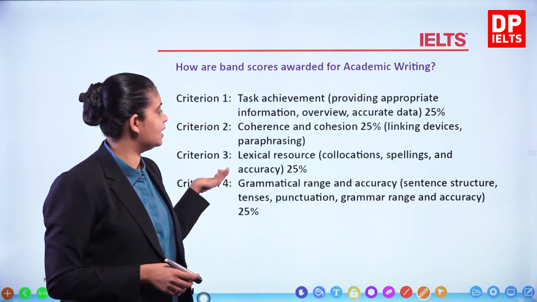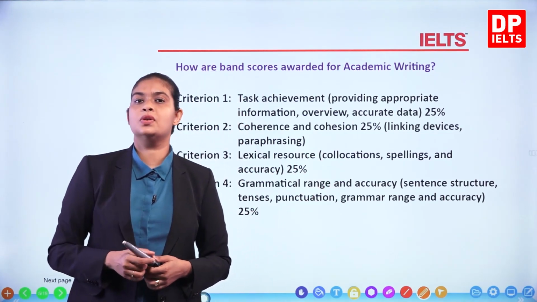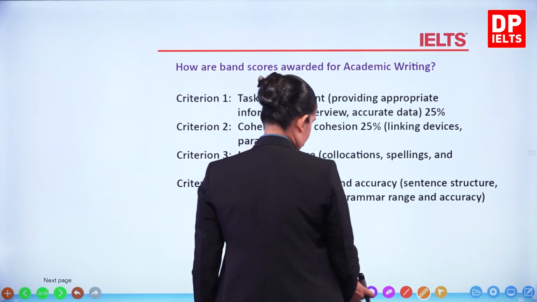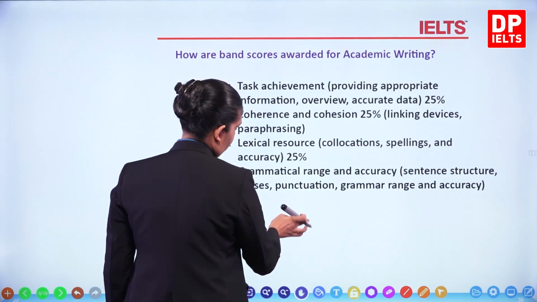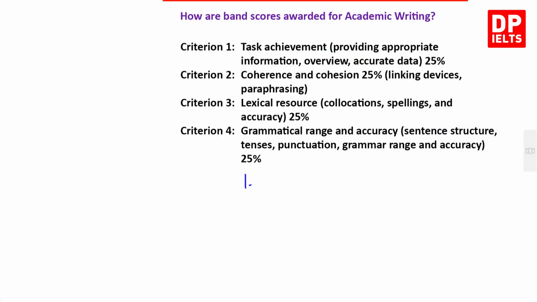The next one, lexical resource. Lexical resource, in other words, means vocabulary. Let me just write it down here. LR, or lexical resource, is vocabulary.